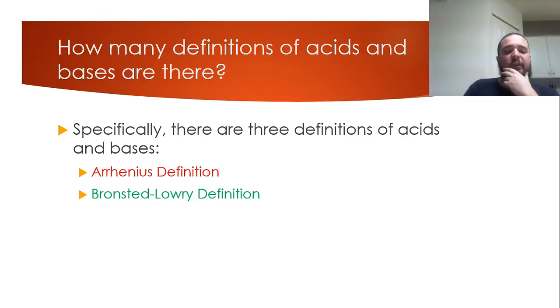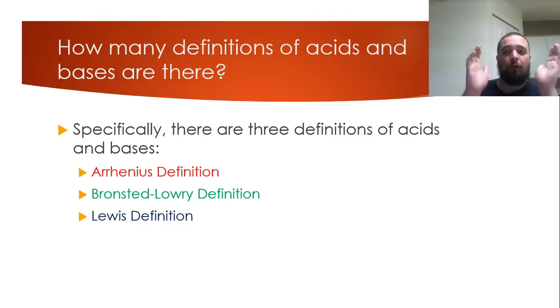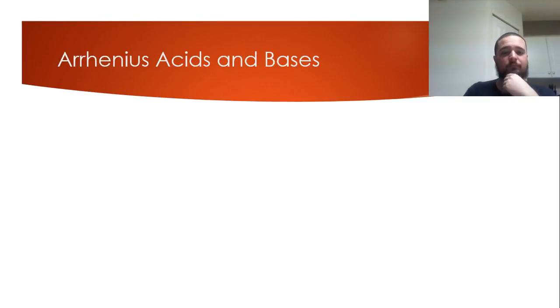And then we have your Bronsted-Lowry definition, which is used a little bit more by chemists and maybe biologists, and a little less by physics and geology. And then the Lewis definition, which is probably not the most common, but the most used by all scientists because of how useful and general it is. I particularly like the Lewis definition because it's very useful for different aspects of chemistry. So we'll dive more into that.